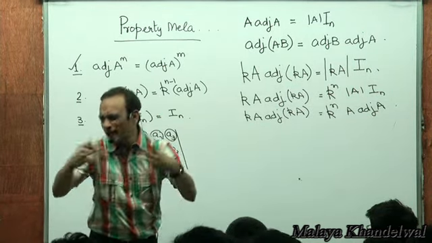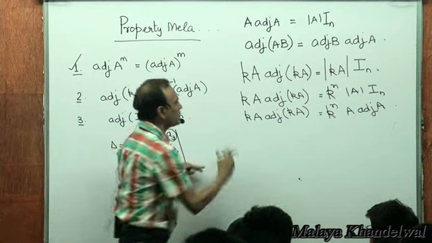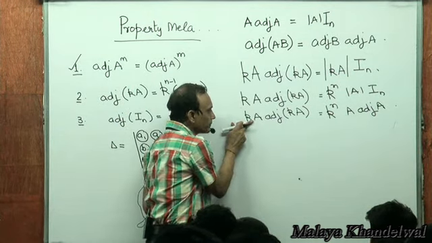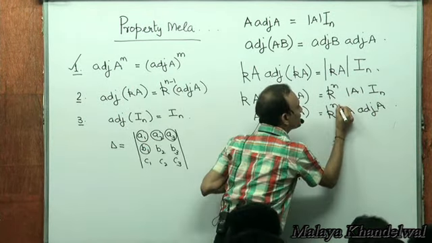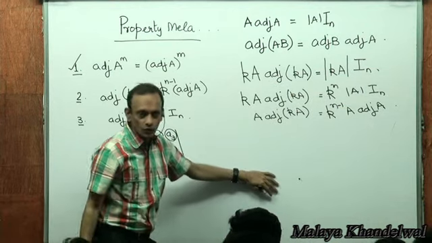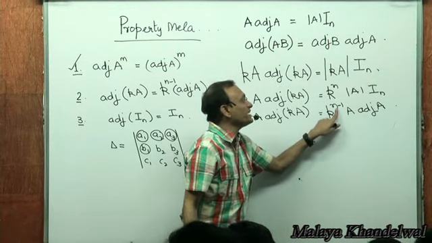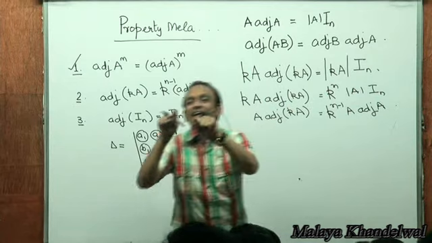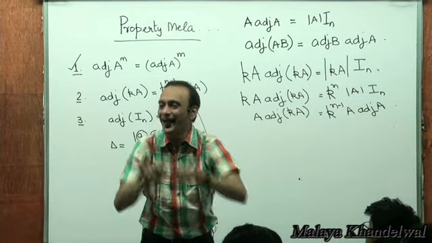I can divide throughout, since K is a common factor everywhere. So when I divide by K, this will become K to power n minus 1. And this K to power n minus 1, being a scalar, can be moved inside.